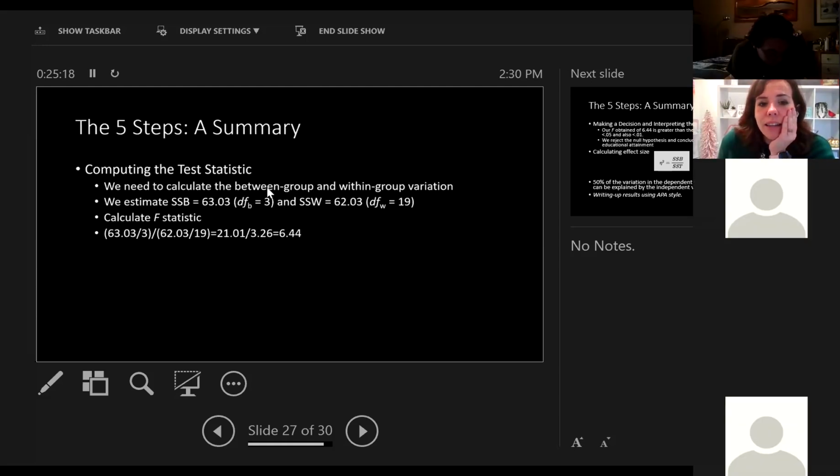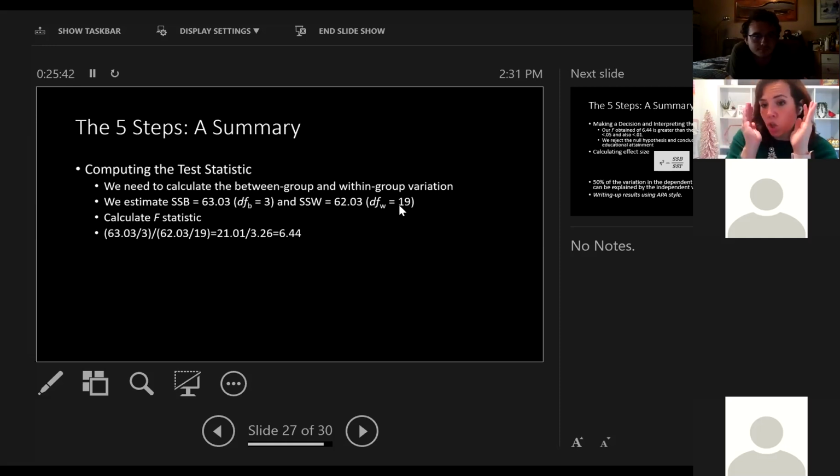So first, you would calculate the between group and then the within group variation. This is estimated at 63.3 for between groups, with degrees of freedom of 3, which we knew already, right? Degrees of freedom is total number of groups minus 1. So 4 minus 1 is 3. And then within groups, the sums of square is 62.03.